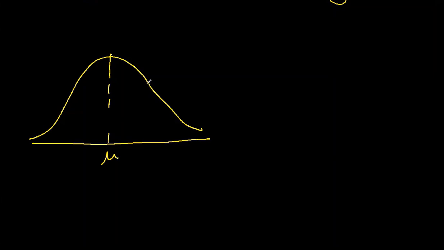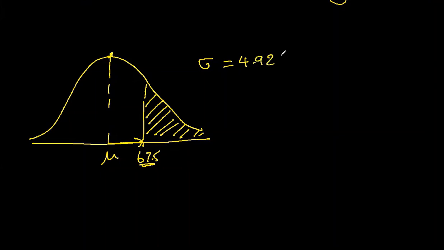The 25% more than 67.5: for sure 67.5 is here, then only it is possible to have 25% more than it. Otherwise, we know that more than the mean is 50%. So 67.5 is definitely more than the mean. And the standard deviation is 4.92 kg, and this area is 25%.